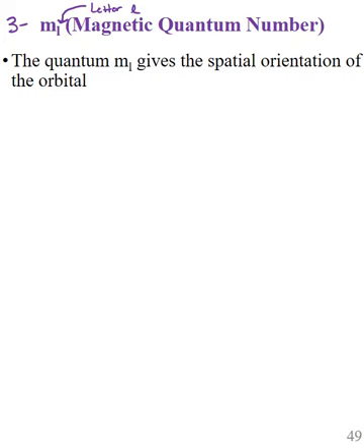So it tells us if it's up and down, left to right, that kind of thing. M of L can have a few more values than L. It's going to have any value between negative L and positive L. And again, it's that quantum number L. It's not a 1.